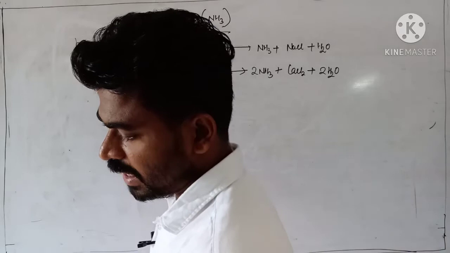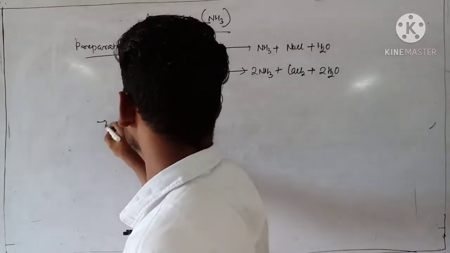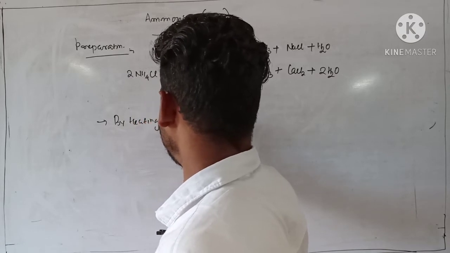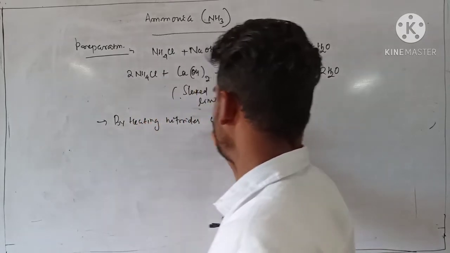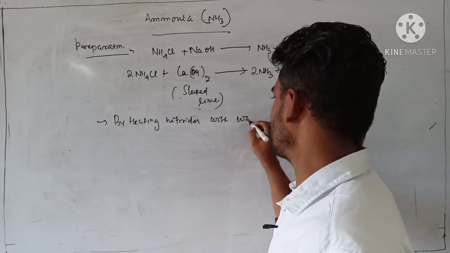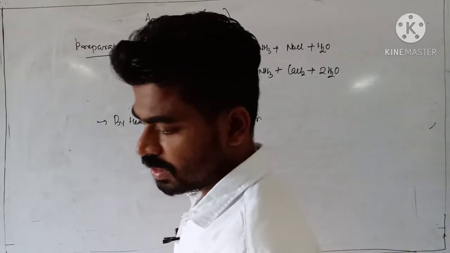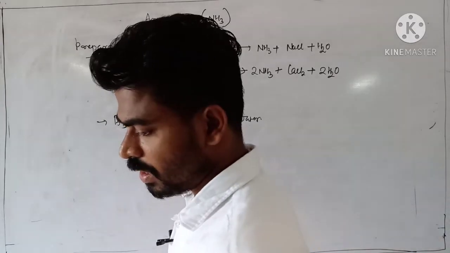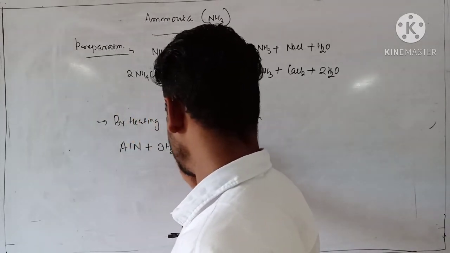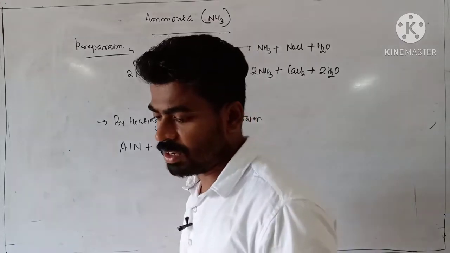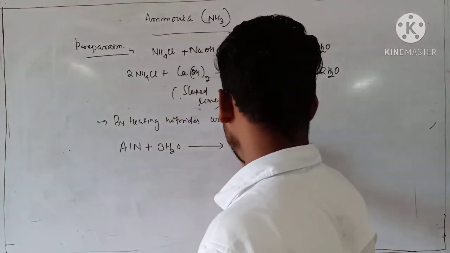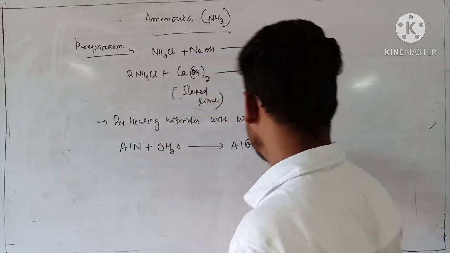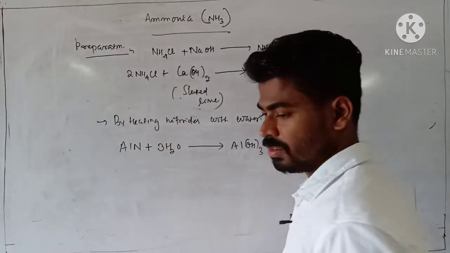Next preparation is by heating nitrides with water. The reaction can be written as aluminum nitride, AlN, treated with water, forms aluminum hydroxide, Al(OH)3, plus ammonia, NH3.